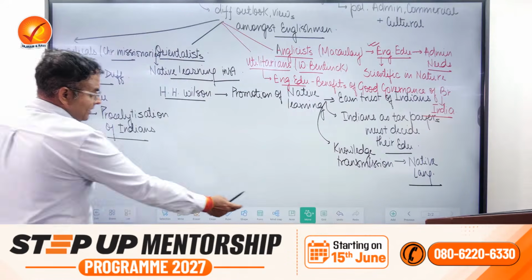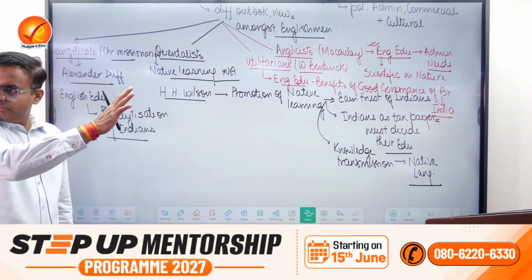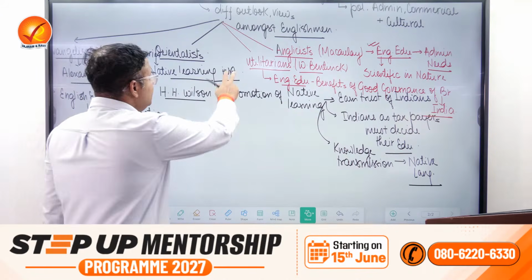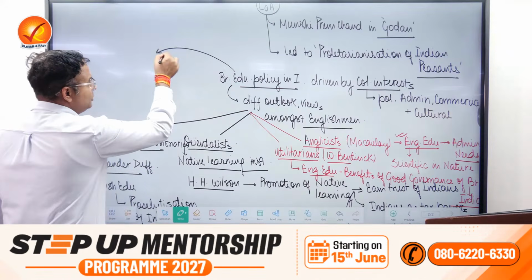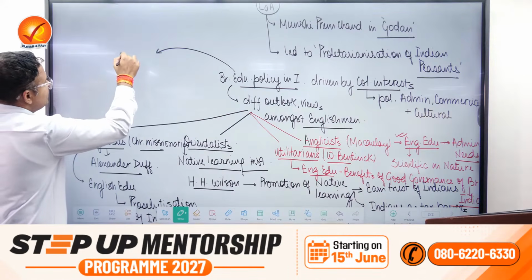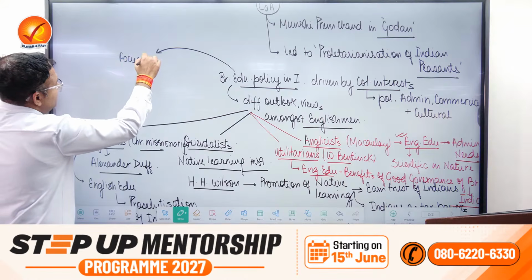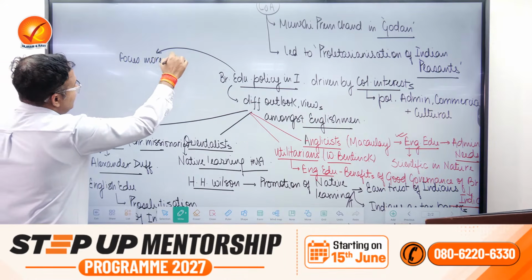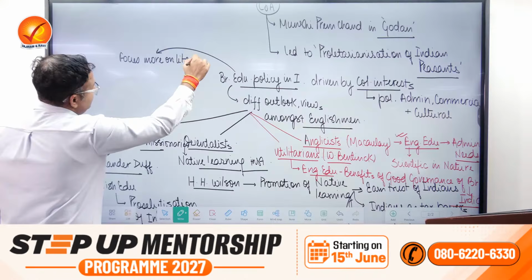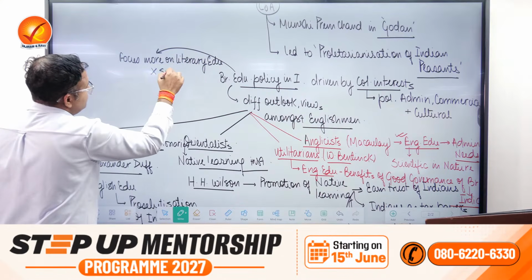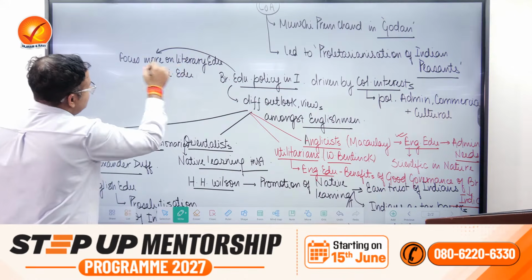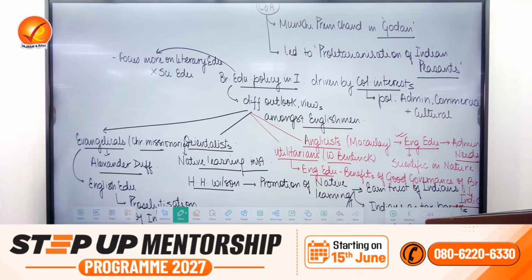Now another aspect, ये लिख लिया आप लोगों ने? Written? Another aspect which I want you to focus, that when we talk about their education policy, they focused more on literary education, not on scientific education.